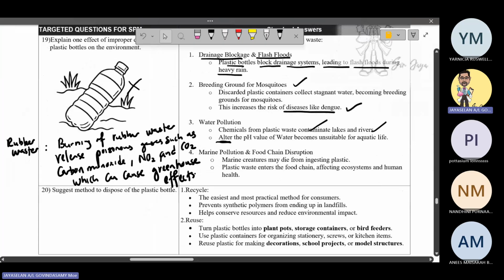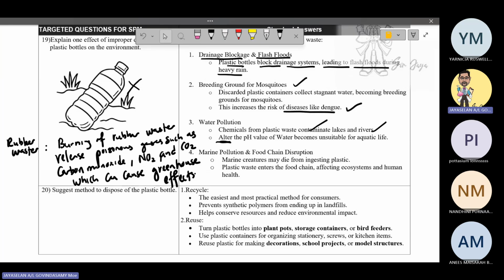So memorize this. Drainage blockage, flash flood, breeding ground for mosquitoes and can spread diseases such as dengue, malaria, all that. Water pollution, it can contaminate the lake and river, alter the pH value of the water and kill the aquatic living things.